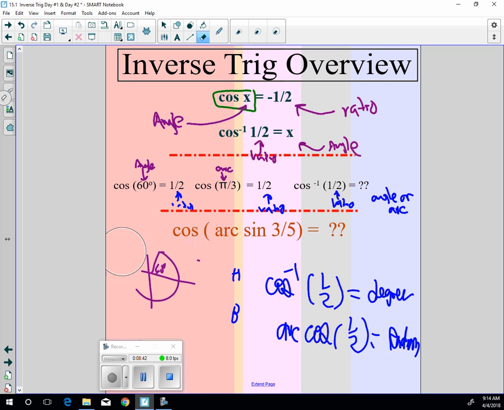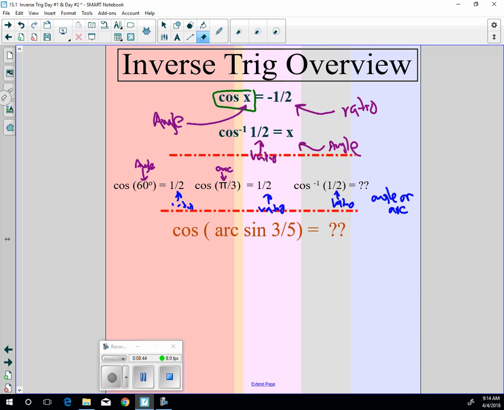All right, now, here's where it gets interesting. What do you think the cosine of the arc sine of 3/5 is? That sounds absolutely horrible, but let's walk through it. What is 3/5? Ratio or an angle? It's a ratio.